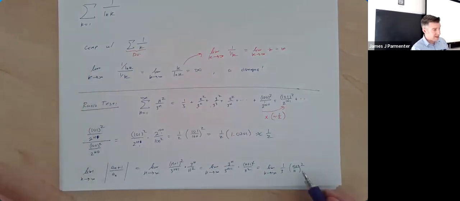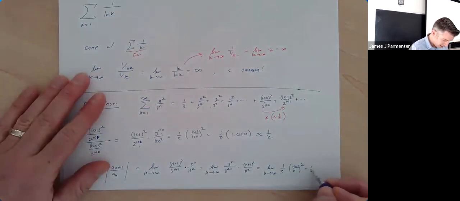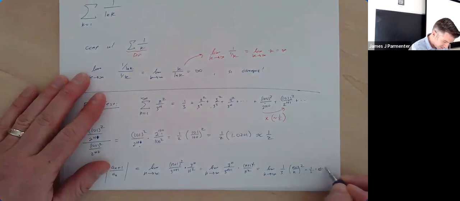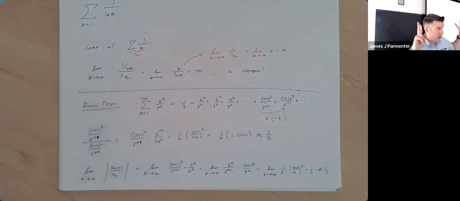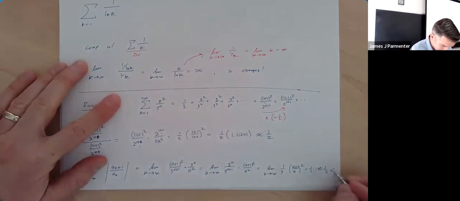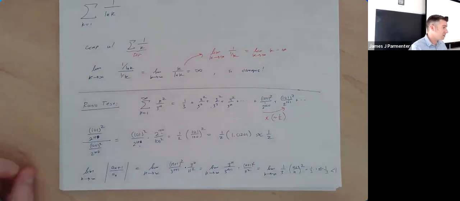And n+1 over n, using the little trick from 16a, just goes to 1. Then 1 squared is still 1. So this becomes 1/3 times 1, which is 1/3. Since that ratio, it's not really a ratio but essentially the ratio, is less than 1, we get convergence.